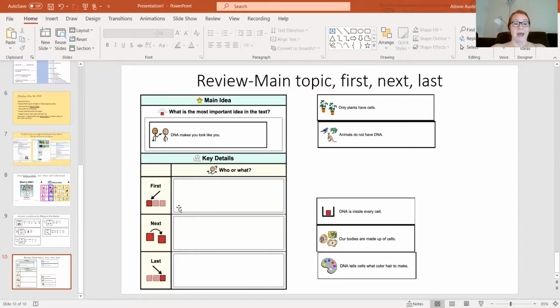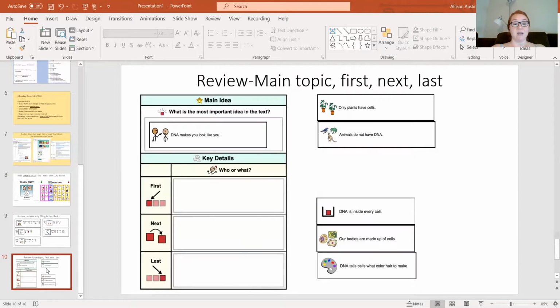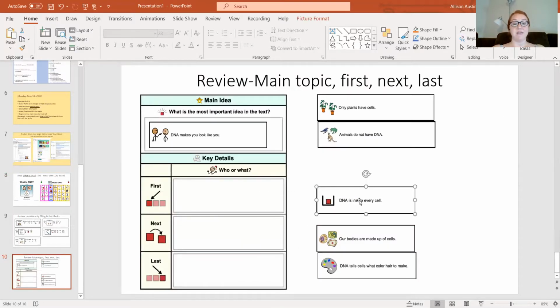Who or what happened first, next, and last? So looking at the COM board, it tells us that the cells are in our body. So DNA is in every cell, or bodies are made up of cells, or DNA tells the cells what color hair to make.